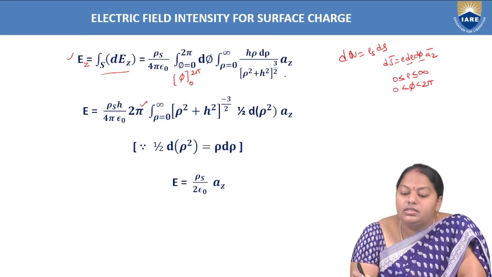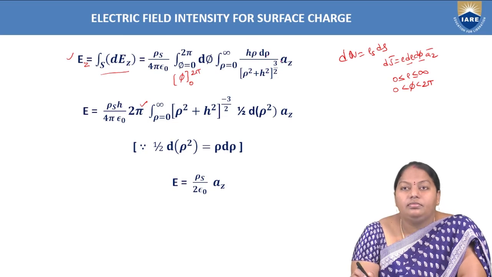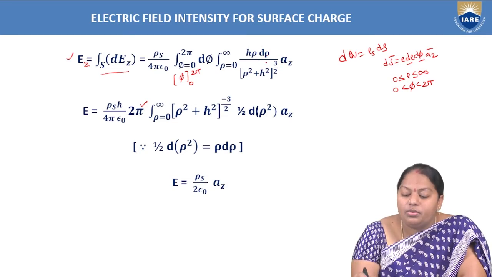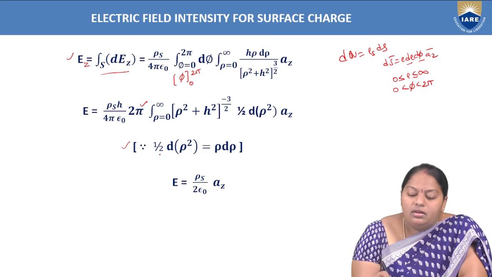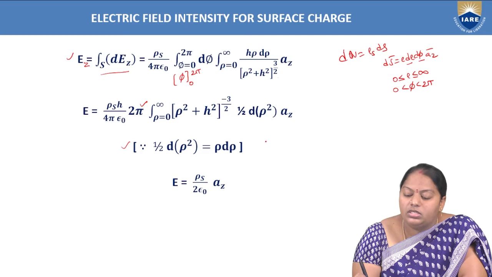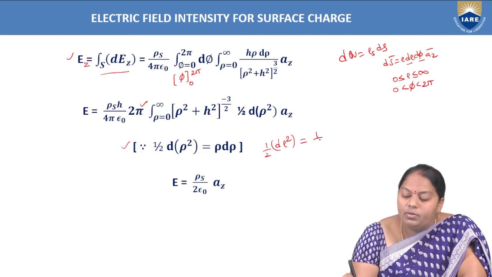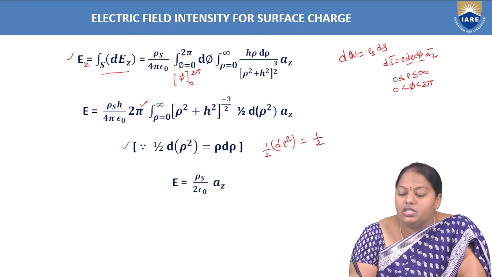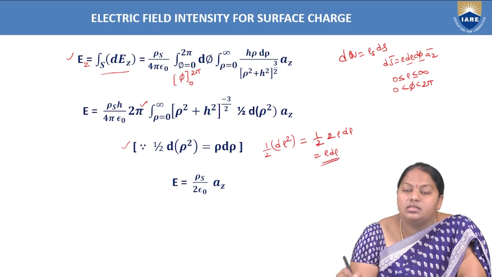And this a_z. So here in the numerator, if you observe, rho and d rho are the remaining terms. For that rho d rho, I will write one half into d rho square. There is a formula: 1 by 2 into d rho square, where 1 by 2 is a constant. Differentiating with respect to rho, it becomes 2 rho d rho. The 2 gets cancelled, rho d rho is left out.